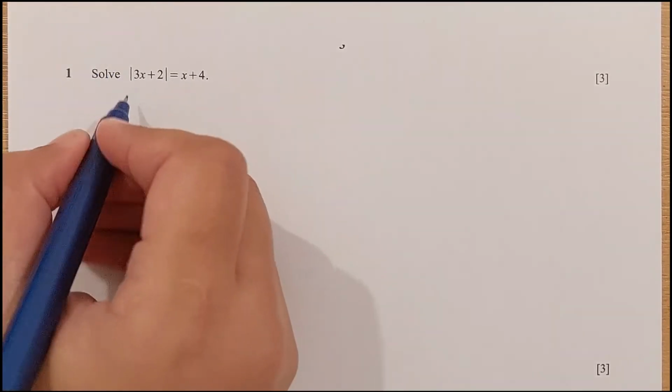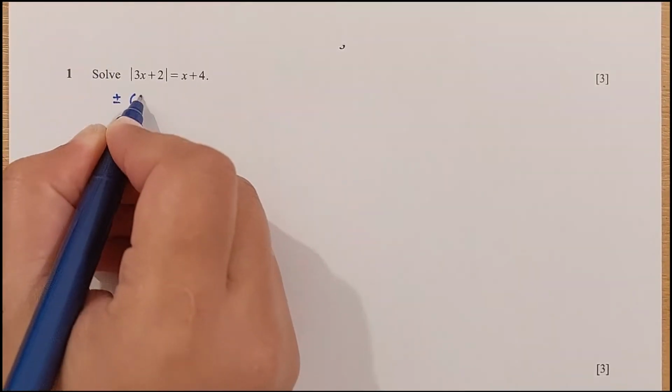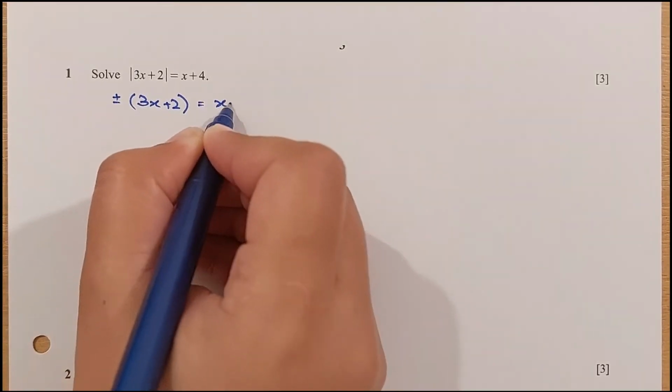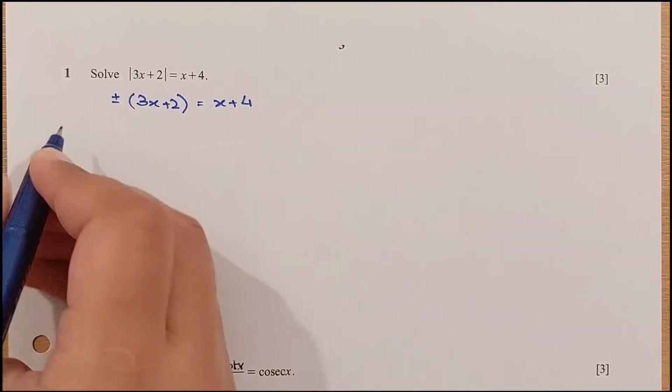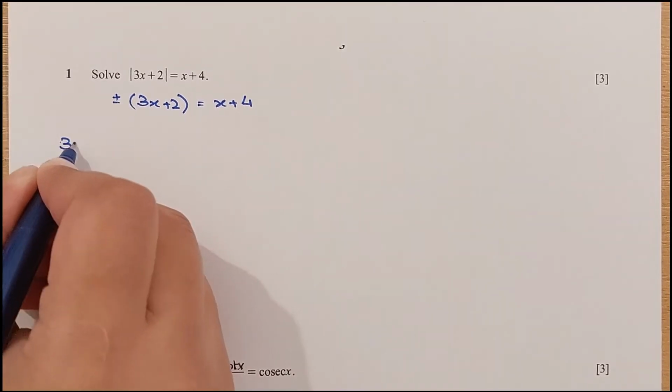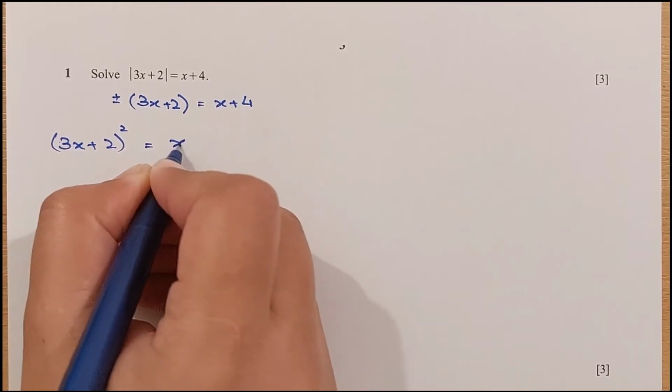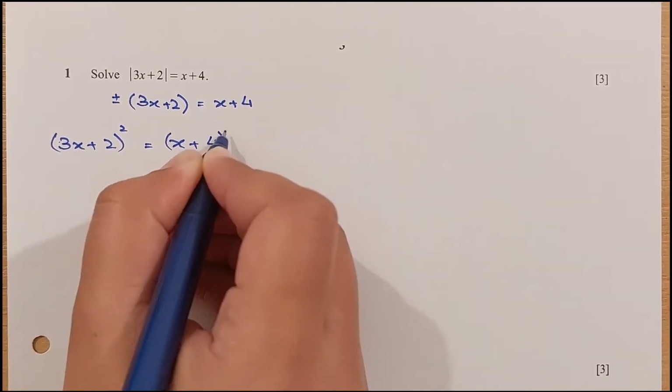So when we open this absolute value, we have plus minus 3x plus 2 equals x plus 4. So let me take squares on both sides. So we have (3x plus 2) whole squared equals (x plus 4) whole squared.